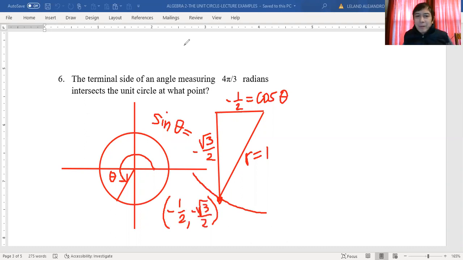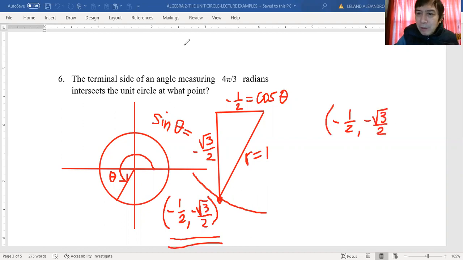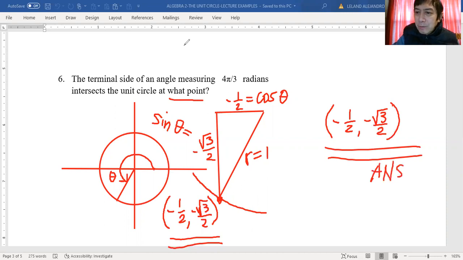The answer is negative 1/2, that goes to the x, and negative square root of 3 over 2, that goes to the y. These are the coordinates x, y. We're looking for the point, and this is what we studied in the first screen.